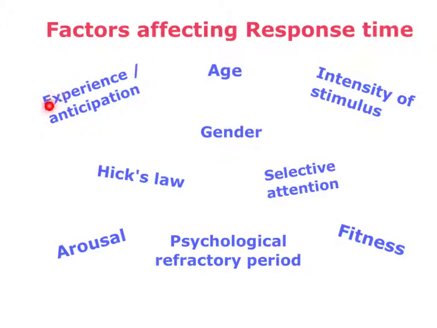Experience or anticipation is key in lots of things like game sports, team sports, where you have experience of the situation. If you have better schema and more motor programs developed, then you know the situation, you can recognise patterns more quickly, pick those out and make a decision a lot quicker.